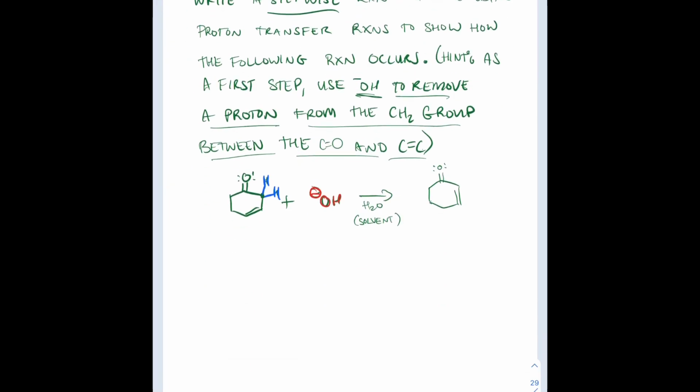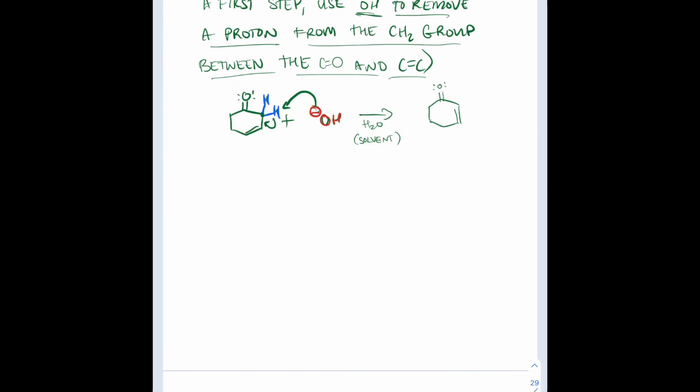Okay, so once we remove that proton, as the hint indicates, we can draw the negative charge on that carbon, giving us a new carbanion. Okay. And remember, this is an acid-base reaction, so it's technically an equilibrium.